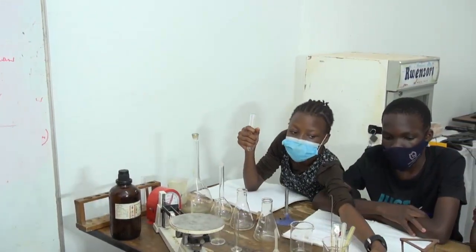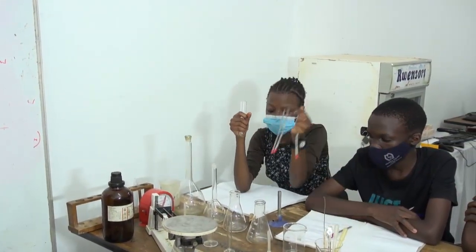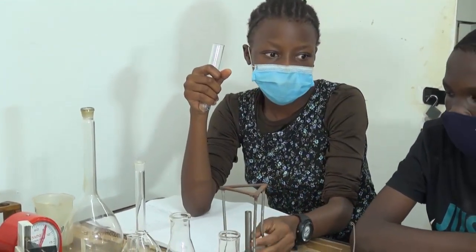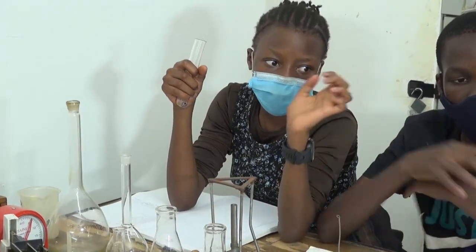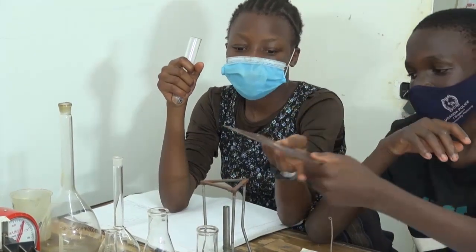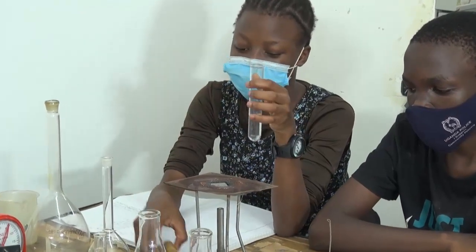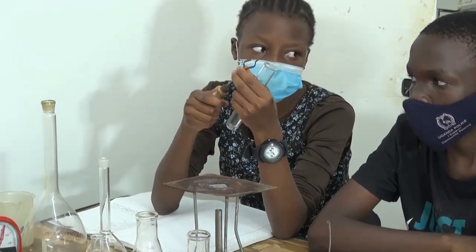You get a tripod stand. Place the Bunsen burner under it. Get a wire gauze.